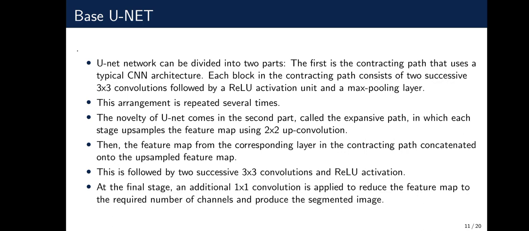Then the feature map from the corresponding layer in the contracting path is cropped and concatenated onto the upsampled feature map. This is followed by two successive 3 by 3 convolutions with ReLU activation. At the final stage, an additional 1 by 1 convolution is applied to reduce the feature map to the required number of channels and produce a segmented image.